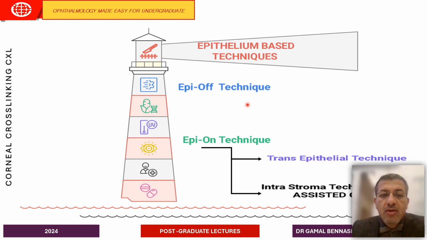So the doctors and investigators looked for improving the convenience of these techniques by establishing what's known as the epithelial on technique. The epithelial on technique means that the epithelium is intact. It can be a transepithelial technique, in which the riboflavin is applied directly to the epithelium, or as intrastromal pockets, so that during the femtosecond laser, when they do the SMILE, they can combine it with intrastromal injection of riboflavin.